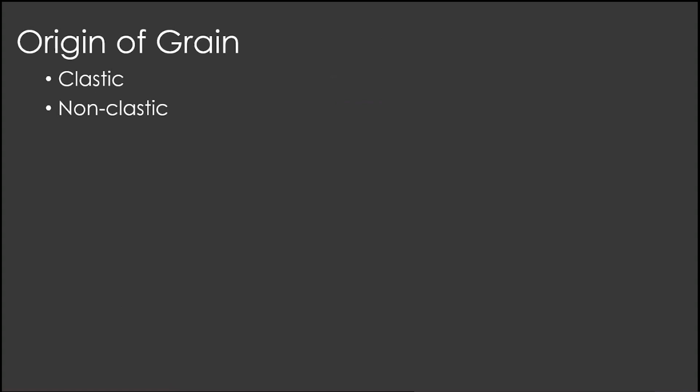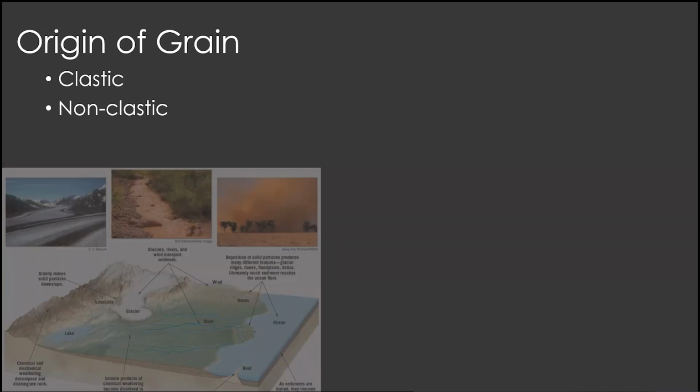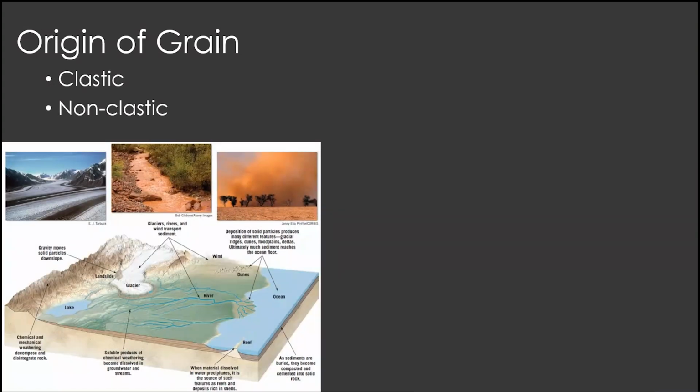The first one is the origin of the grain. You all know by now that we discussed basically 2 processes of origin of a sediment. They are either clastic sediments or non-clastic sediments. Clastic sediments originate in different environments or by different processes, by water, by wind, by glacier, or by landslide.